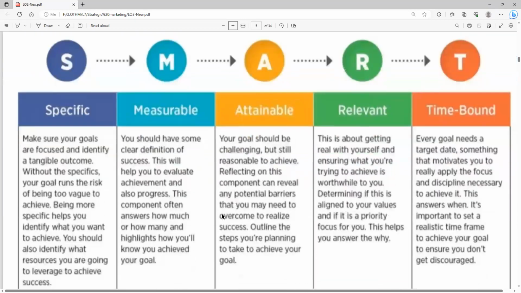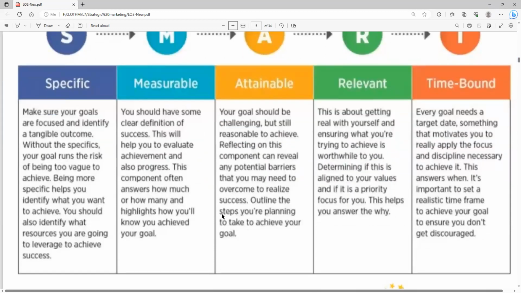It means we need to know what our specifics are, for example in terms of resources, in terms of outcomes, in terms of goals. In terms of resources, what do we have, and how much leverage do we have to achieve these successes?